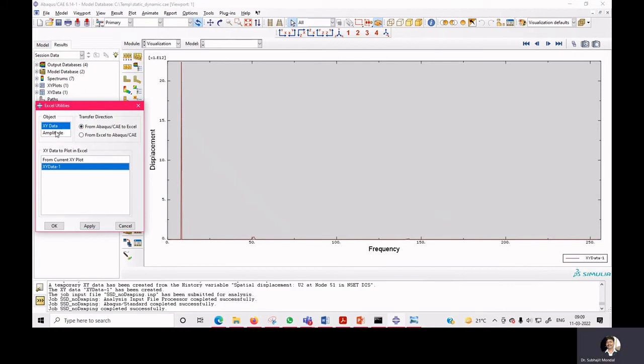So now we can extract the data in Excel. Here I can click OK.